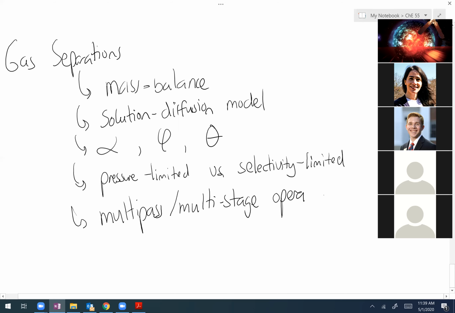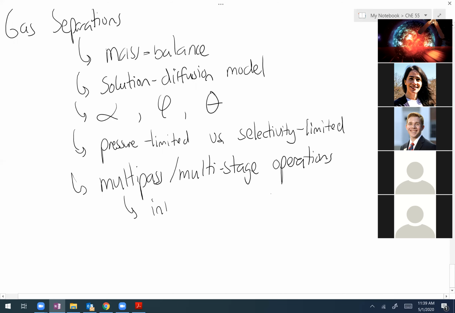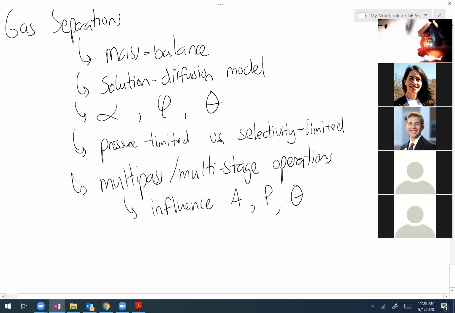How is that going to influence your expected membrane area, the power requirements, maybe the stage cut for each system, and then your overall separation. Just be comfortable looking at, if I want you to compare a single stage versus a two-stage system, which one's going to have more membrane area, which one's probably going to have more power requirements, which one's going to have a better overall separation and things like that.